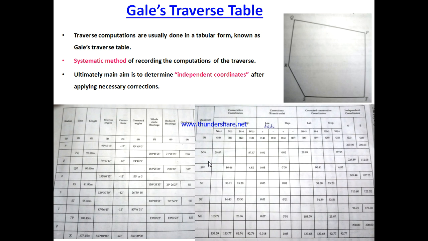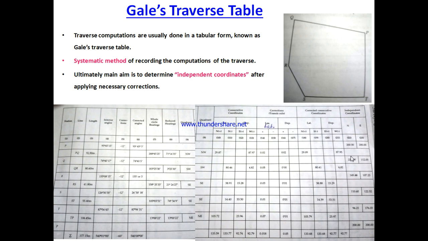In the similar manner, for all other stations, suppose I choose station R. For station R, the corrected values are coming in southing as 80.41. So what is the next task? 80.41 is deducted from this value, that is, from the 200 value.